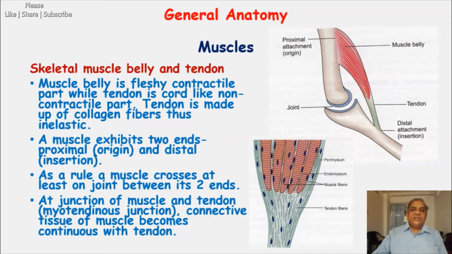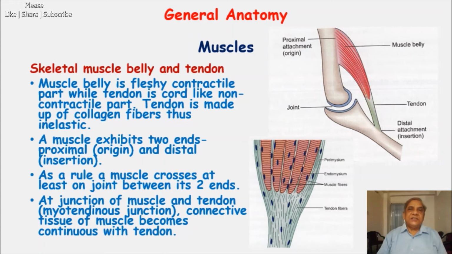Now, as a rule, a muscle crosses at least one joint between its two ends, meaning between the proximal and distal end. It is a rule that a skeletal muscle will cross at least one joint. It may cross multiple joints, 2, 3, 4, 5 joints.